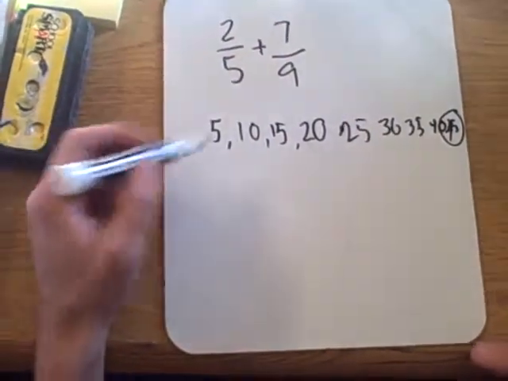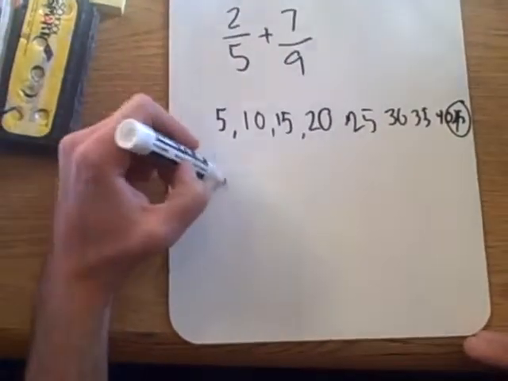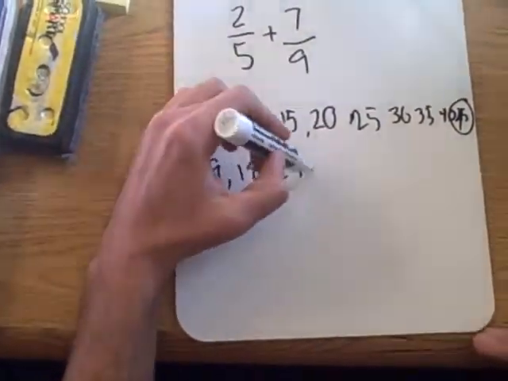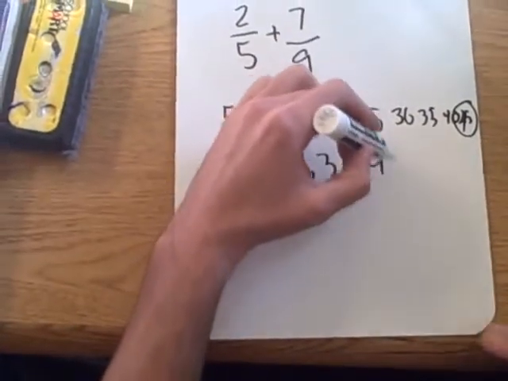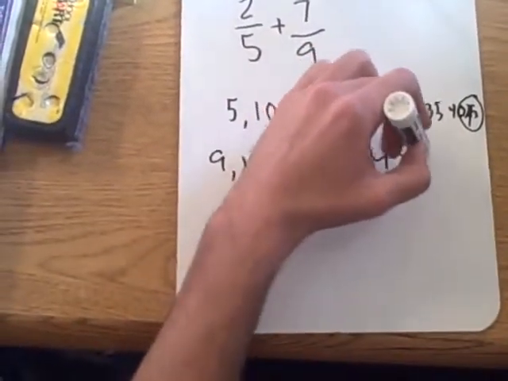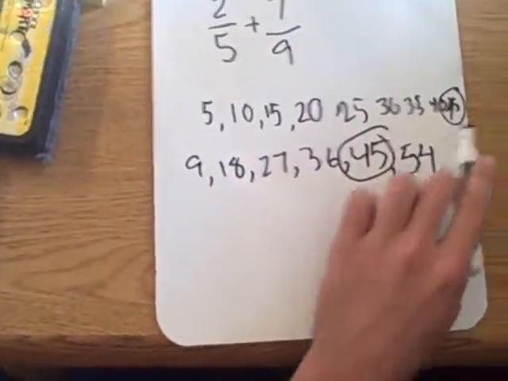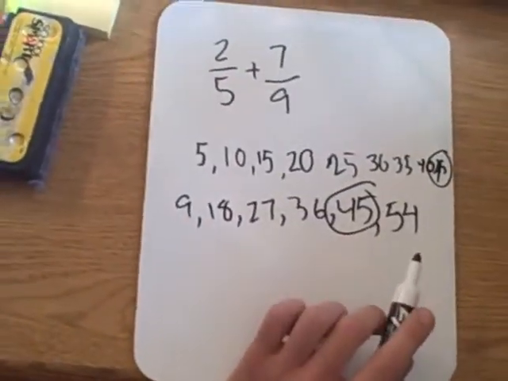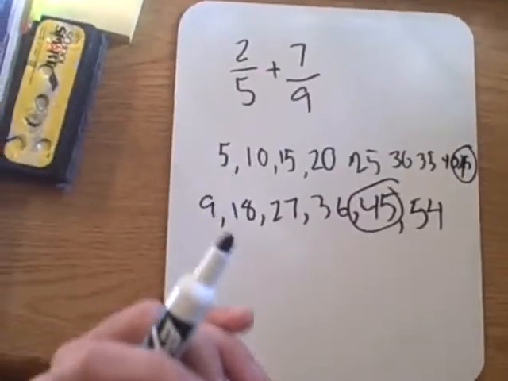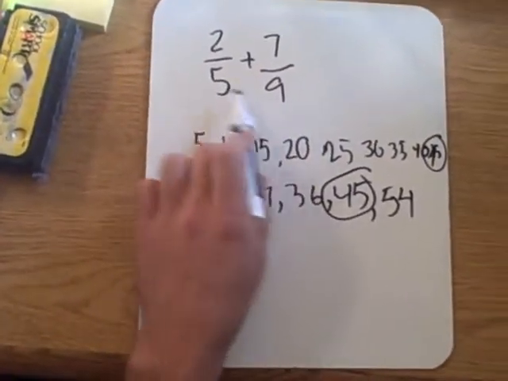That's a 45 right there. The multiples of 9 are 9, 18, 27, 36, 45, 54, and we can stop because we know 45 and 45, that is the least common multiple, and that's going to be our new least common denominator for our fractions.